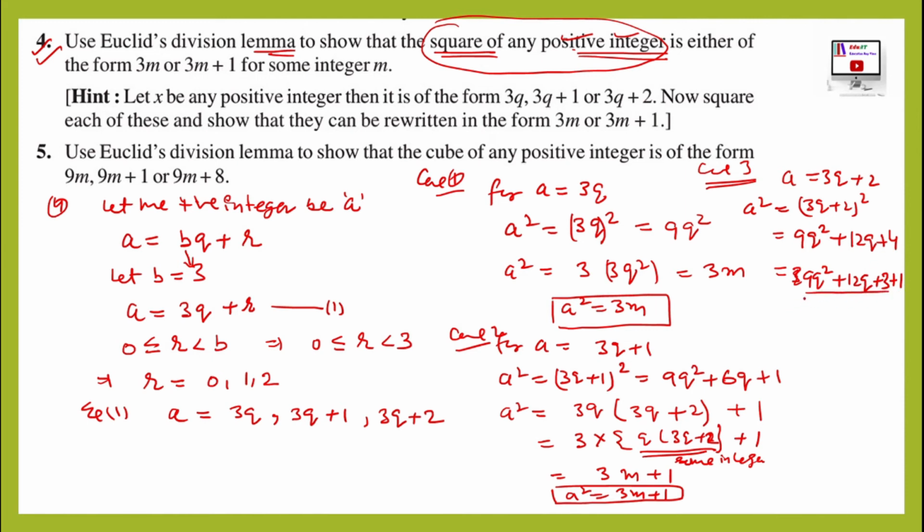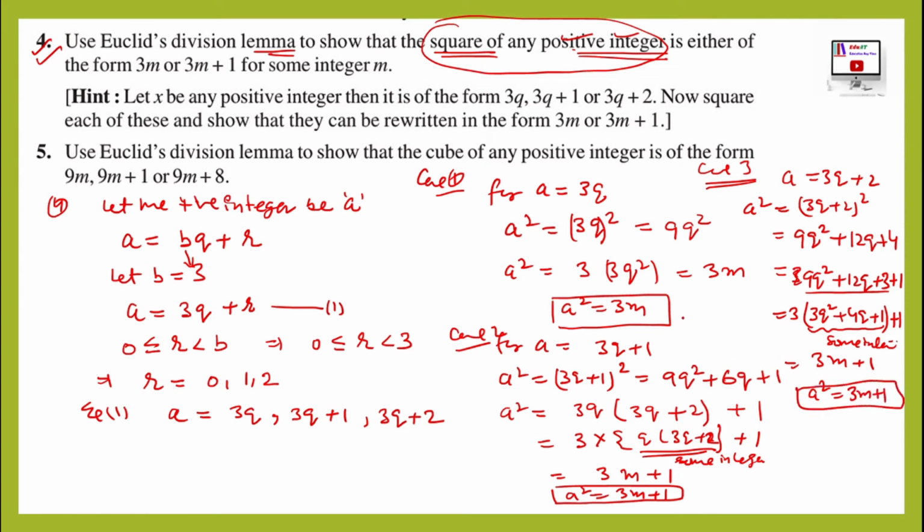And from the first 3 terms we can take common 3. Left here is 3q square plus 4q plus 1, plus 1. So now definitely this will be some integer. Let this some integer be m. So this is equal to 3m plus 1. Again a square, for this case a is equal to 3q plus 2, is of the form 3m plus 1.